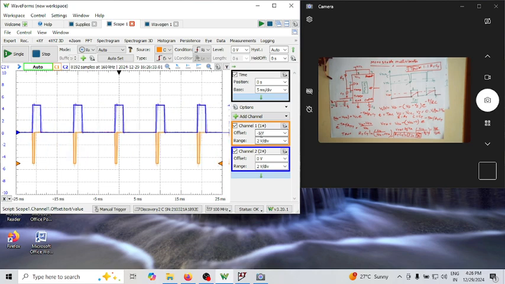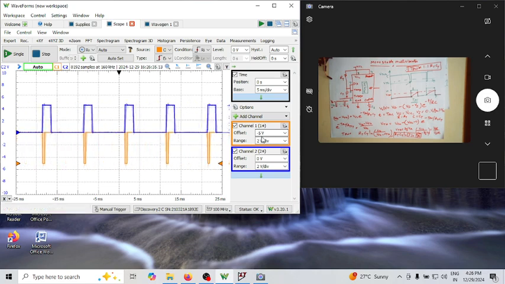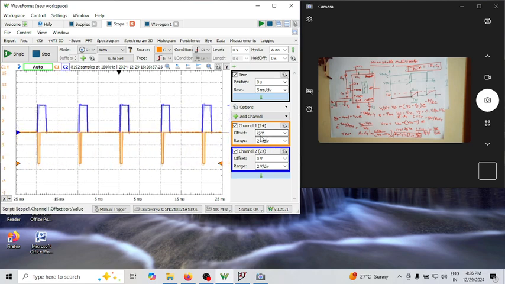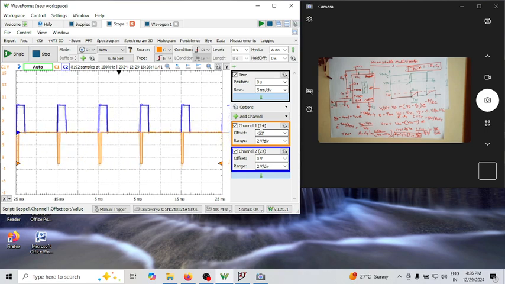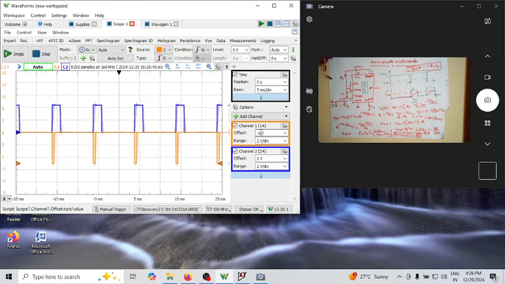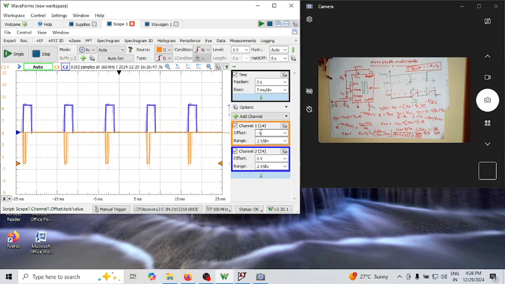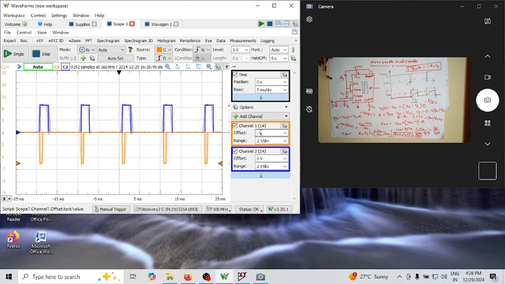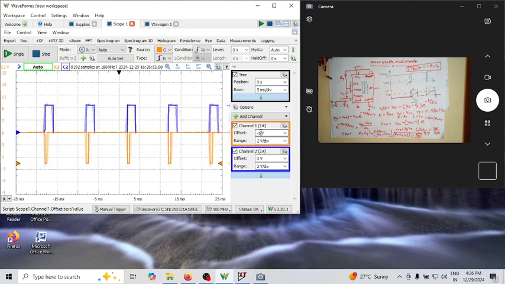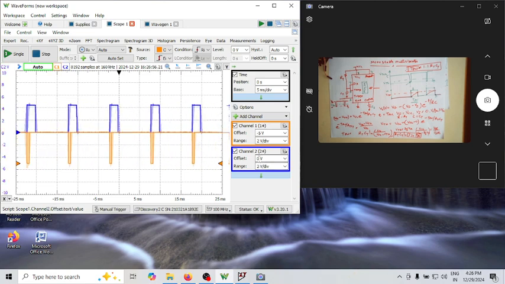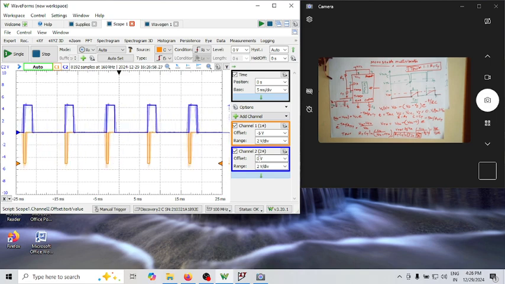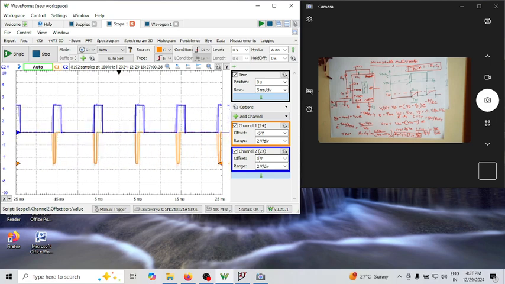So let me slightly make it -6, let it be 5, and let me make an offset of maybe 1 volt. Let me slightly move it above.